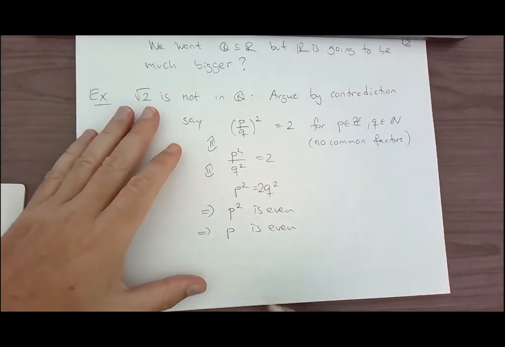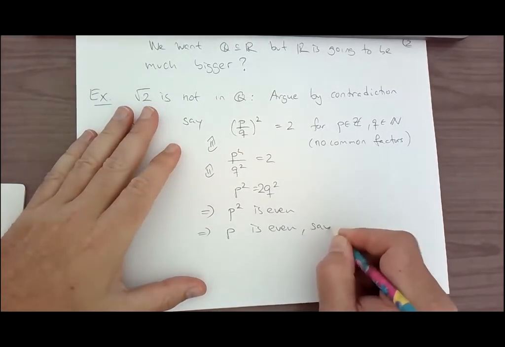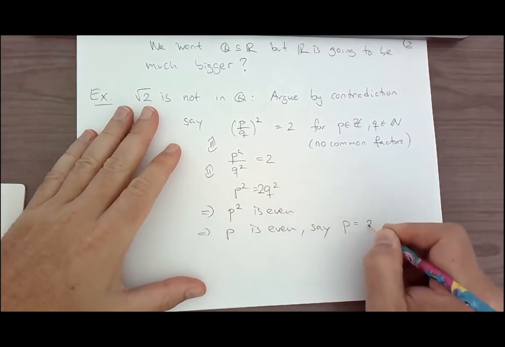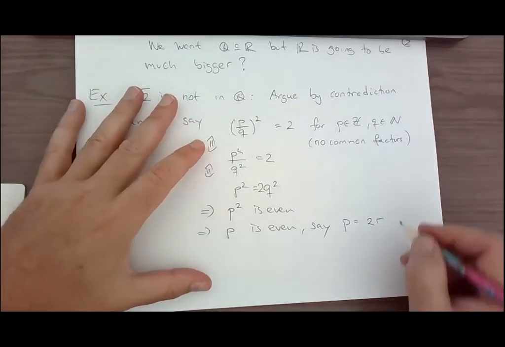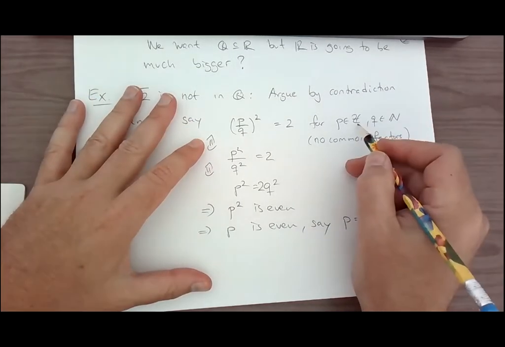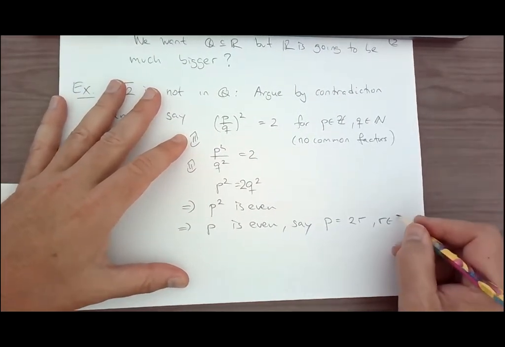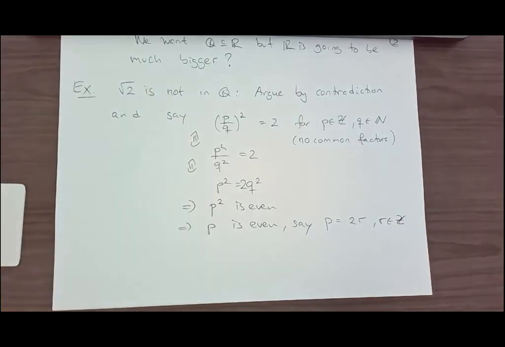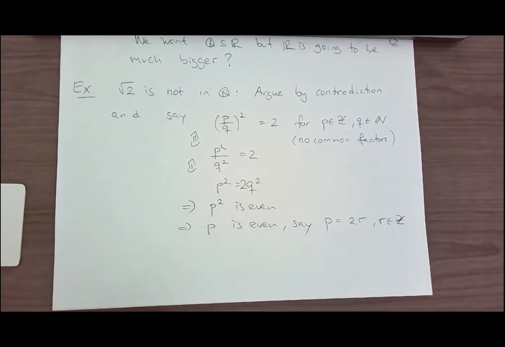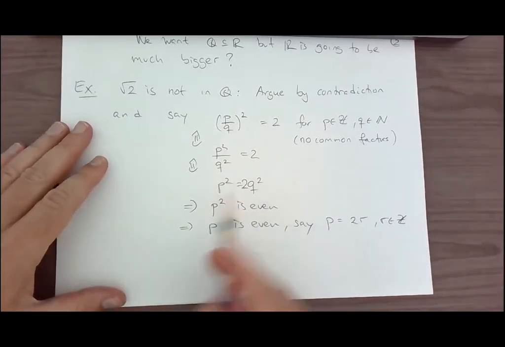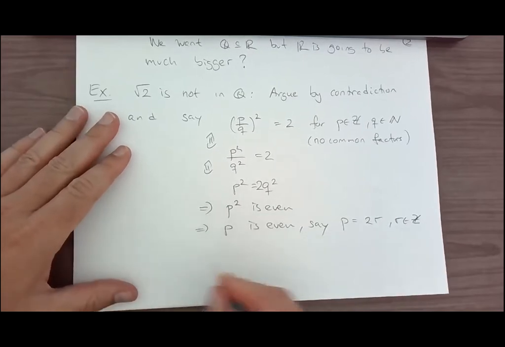So if P is even, say P is equal to 2 times R, where R is an integer. And then what? If P is even, it's 2 times an integer. Then we go back and plug it in here.